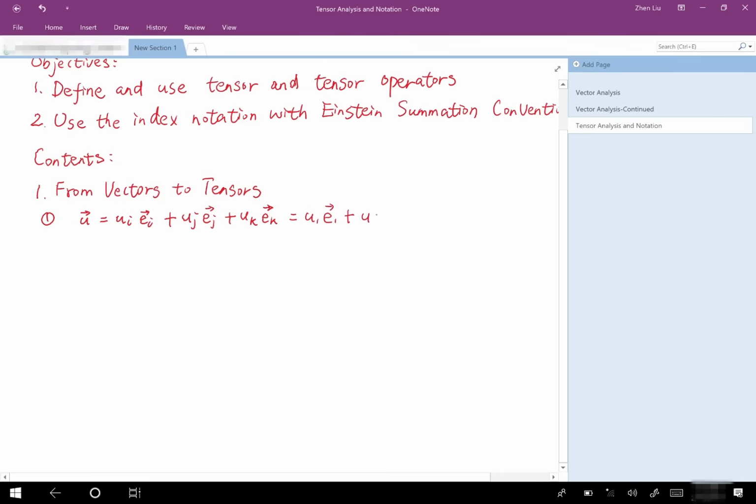Possibly this is better because we're going to use i and j in a different way if we use the Einstein summation. So to avoid confusion, let's do it in this way. ijk are just general, and 1, 2, 3 are more specific. And we use the Einstein convention. We know that we write it as u_i e_i.